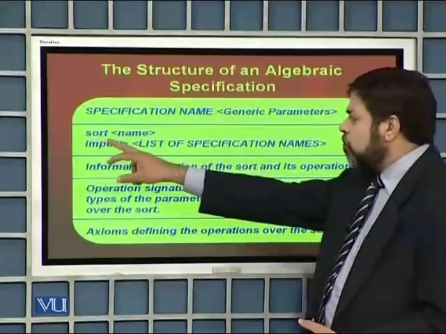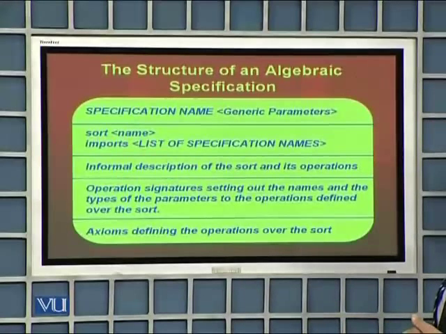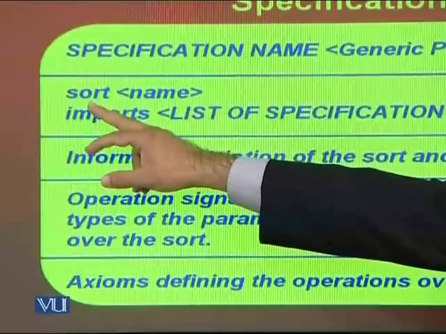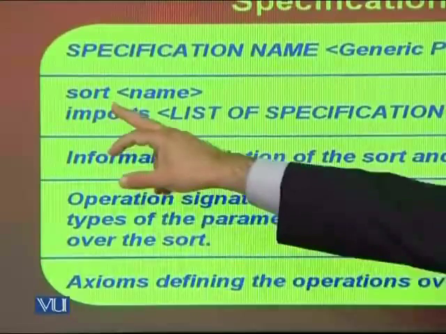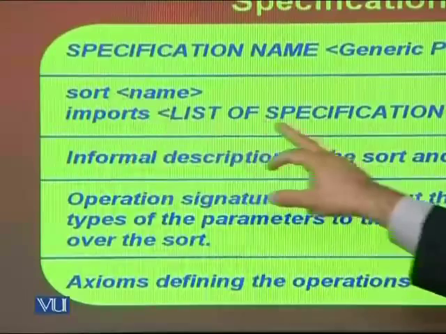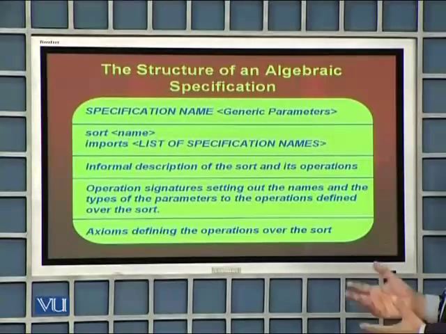Then we have what is called the sort. Sort is a kind of type. So we are defining the type. In algebraic specification, it is called the sort. So we define the name, and it may import other specifications. It may use other specifications.